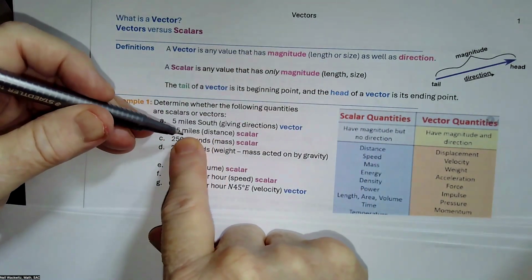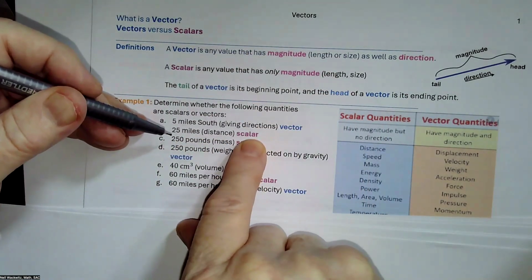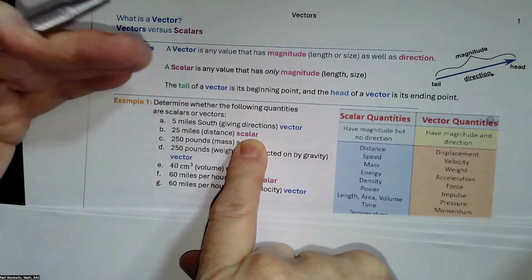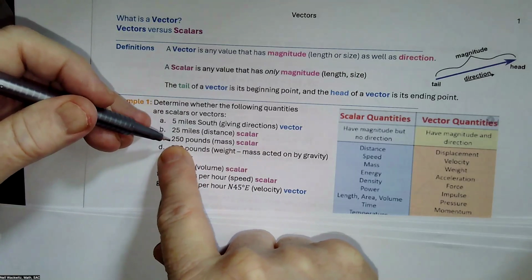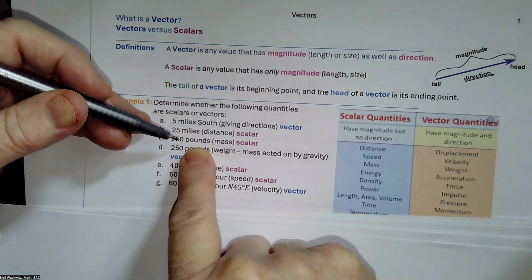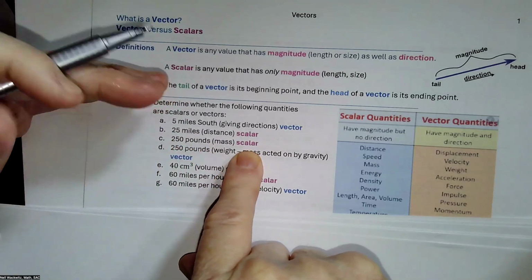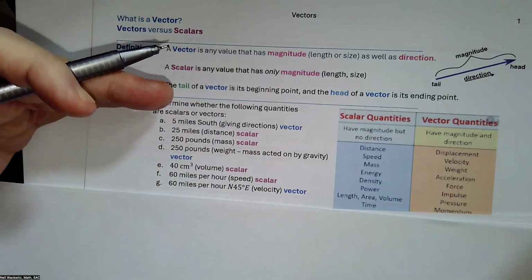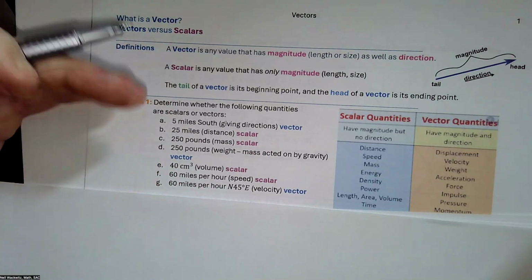And here, 25 miles is a scalar. It doesn't say 25 miles in what direction, just 25 miles. Here, 250 pounds is a scalar because it doesn't say whether it's up, down, sideways.